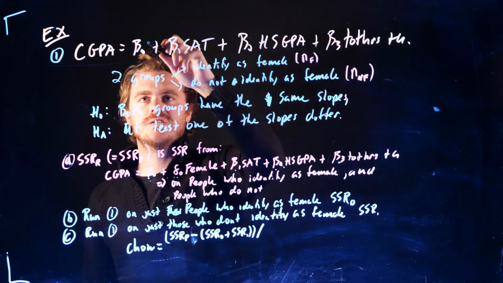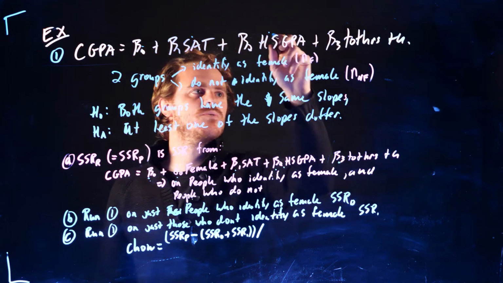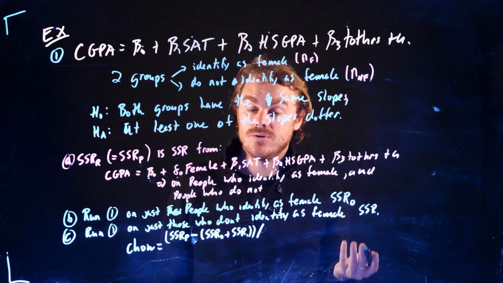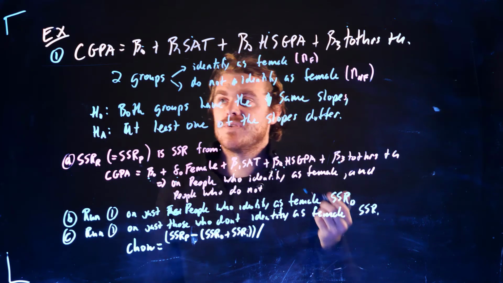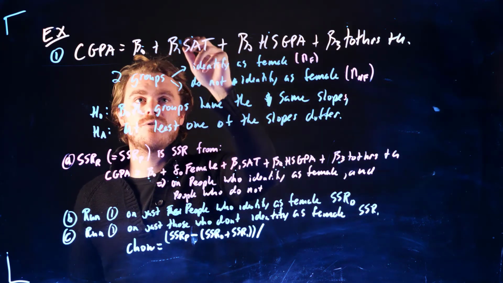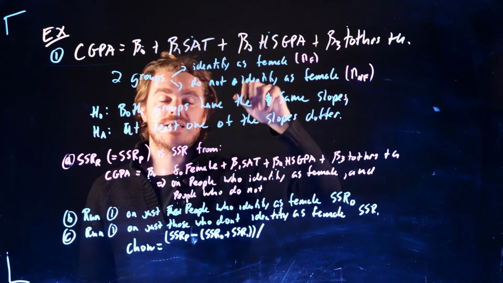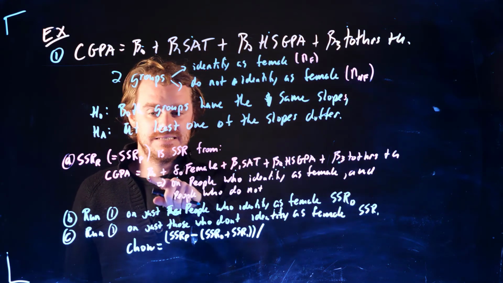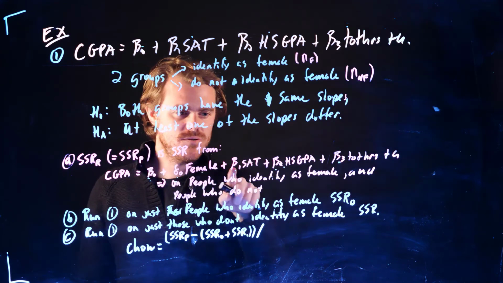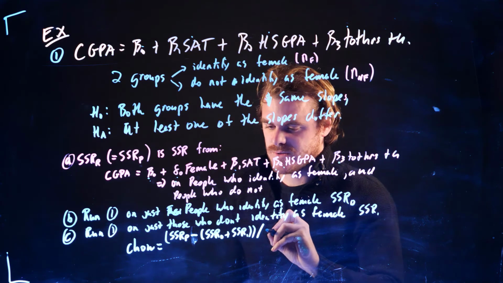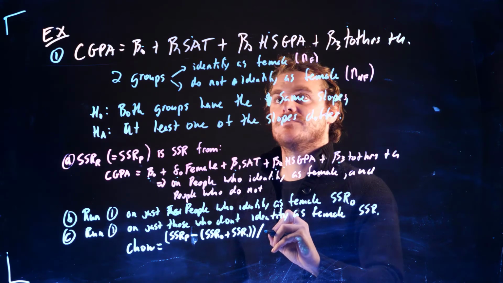In our unrestricted, we have 1, 2, 3, 4, but we have that times 2, because we'd have different parameters for each of these groups. So that's 10. 10 minus 5 is 5. So the number of restrictions would be 5 here.